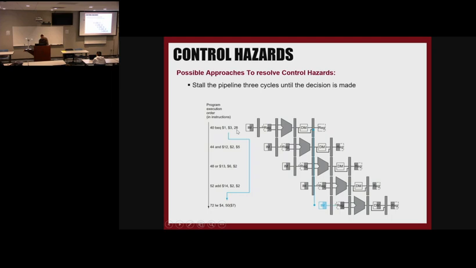Because the way we did the branching was we got the branch offset, multiplied that by 4, and then we got 28, and then we added 28 to PC plus 4 to go to the branch. That way you get the target address. So PC plus 4 is 44, and then we add 28 to 44, we get 72.